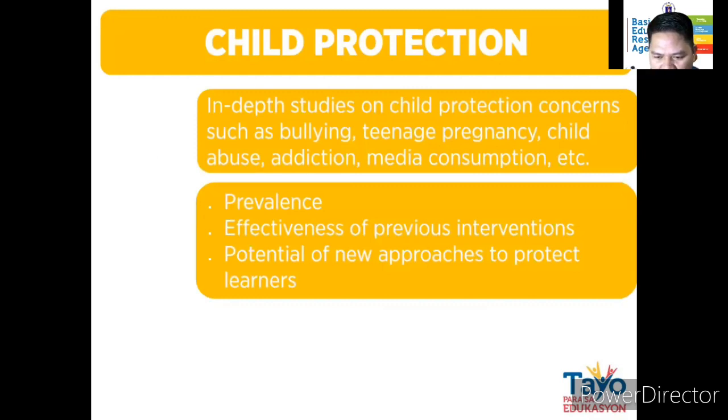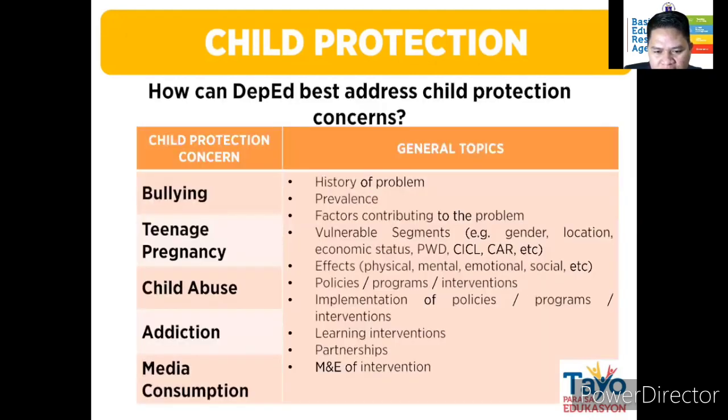Most of the researchers also deal with child protection action research. What is child protection? It is in-depth studies on child protection concerns such as bullying, teenage pregnancy, child abuse, addiction, media consumption, and etc. It covers prevalence, effectiveness of previous interventions, and potential of new approaches to protect learners.